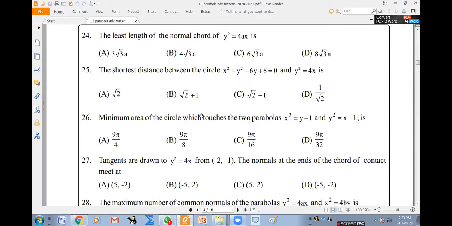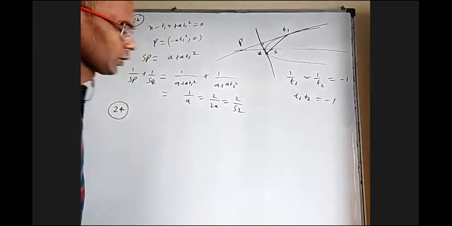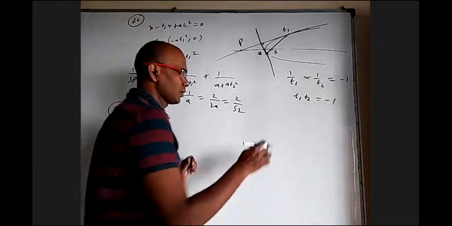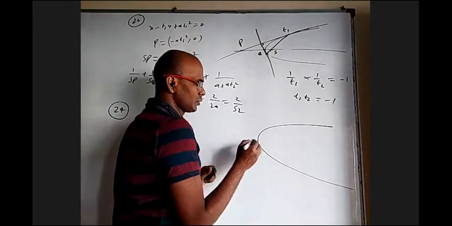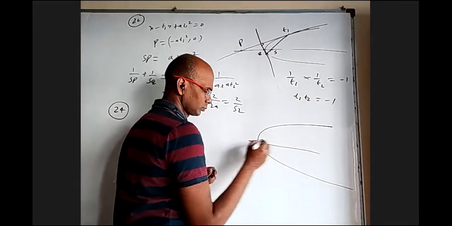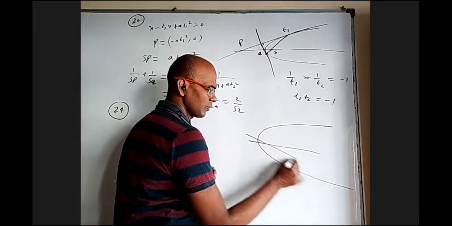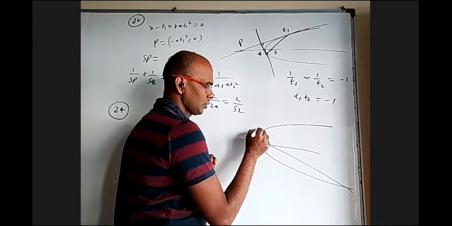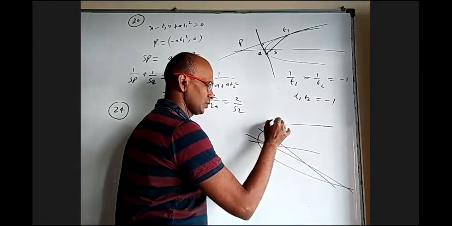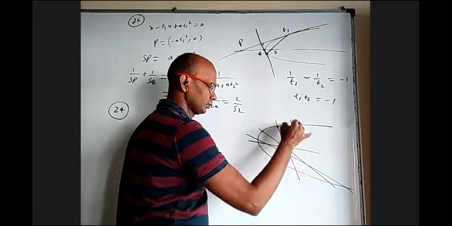Okay, 24th question, the least length of the normal chord. It may be a little bit lengthy, may not be, I'll check. If we take a parabola, and draw a normal somewhere here, it will be very, very long. When I draw a normal here, it will be like this. When I draw it here, like this.